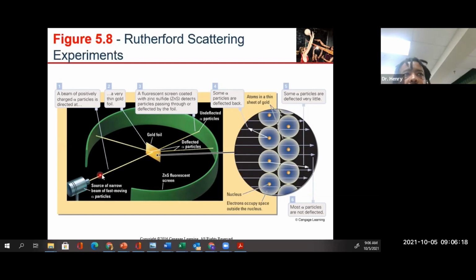He took his alpha particle beam and shot it at the gold foil. What he saw was that some things weren't deflected, and some things were deflected. If we have two positive charges coming together, what happens?